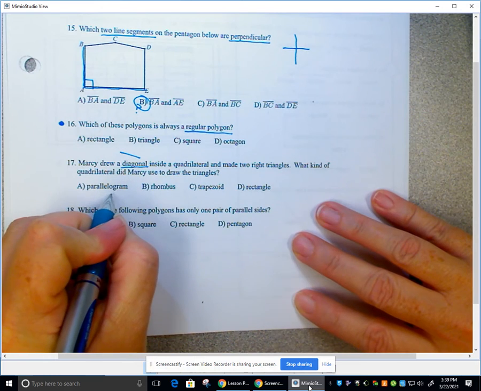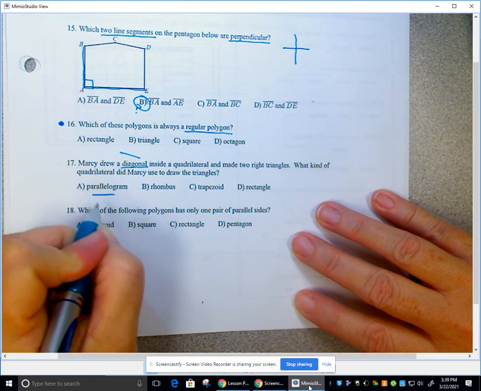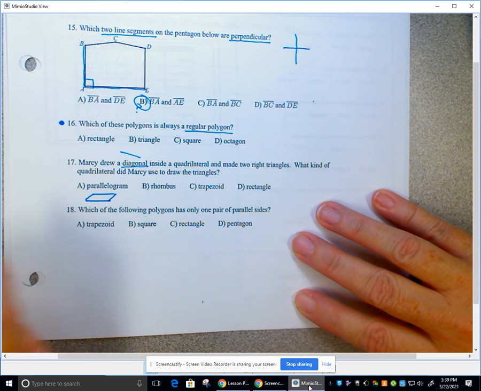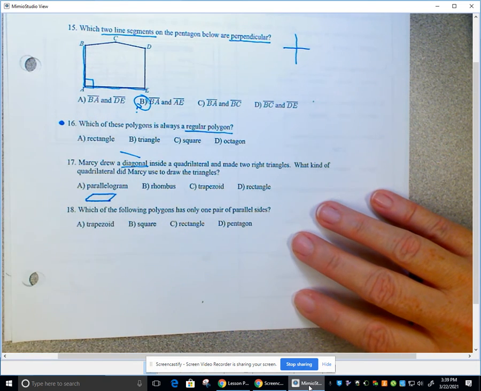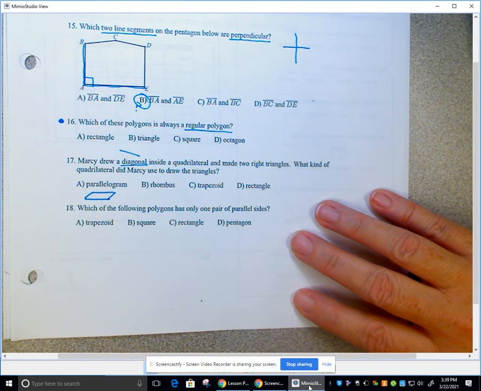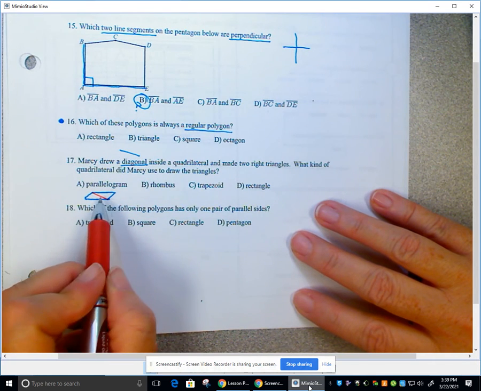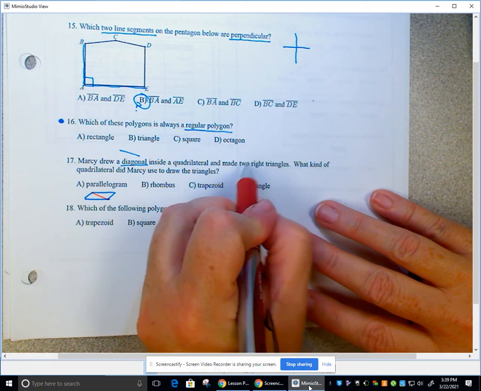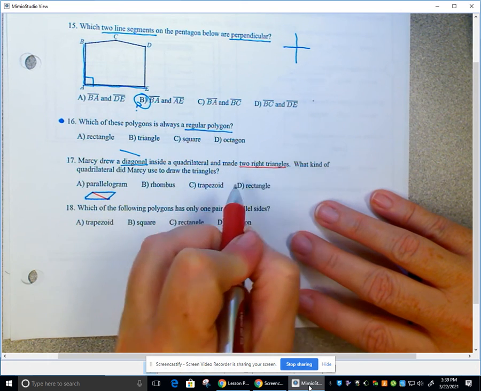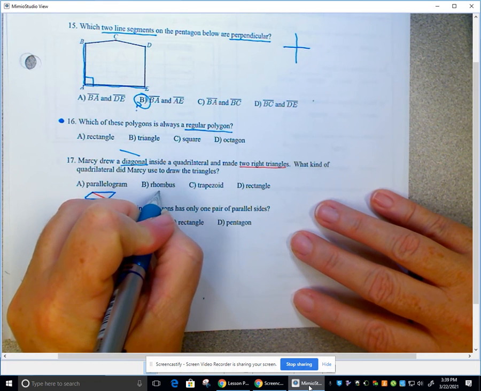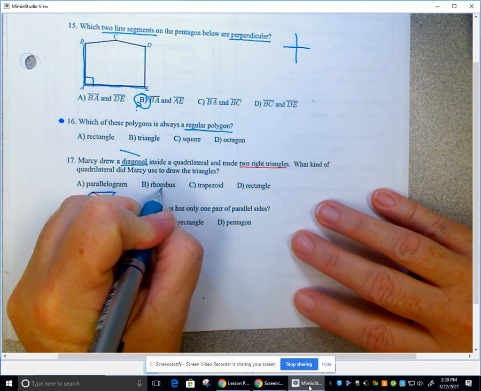Well, let's see. A parallelogram, the sides are the same length. It just looks like they're a little squished. But if I draw a diagonal through that, use a red. That does make two triangles, but they're not two right triangles, meaning they don't have a right angle. All right, a rhombus. See if I can draw a rhombus.